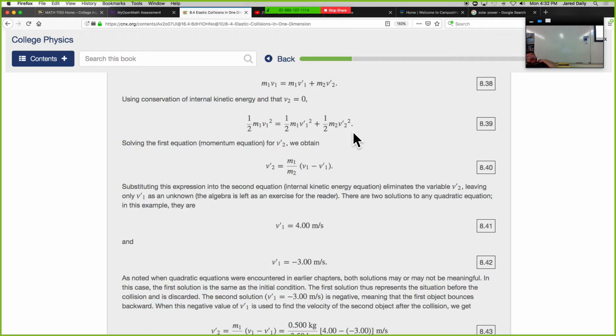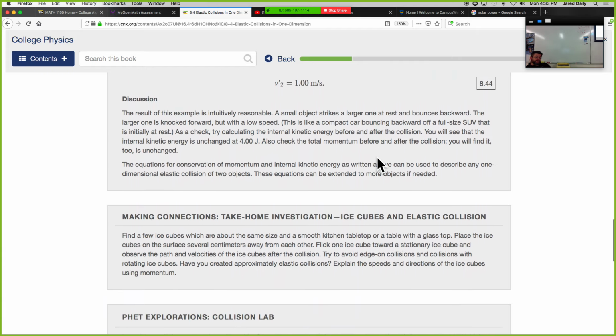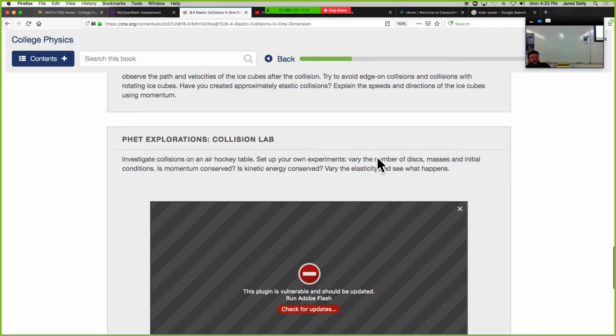You're going to have to test both answers logically and see if they make sense. So if you have one block that's stopped and another one comes and hits it, and then they're both going backwards when you're done because of your answers, then you didn't pick the right answers, right? So you have to logically work through the answers sometimes to figure out which one makes sense. And that's what they do there.